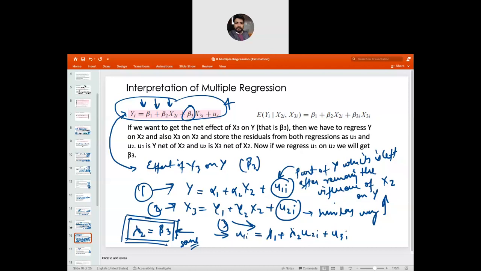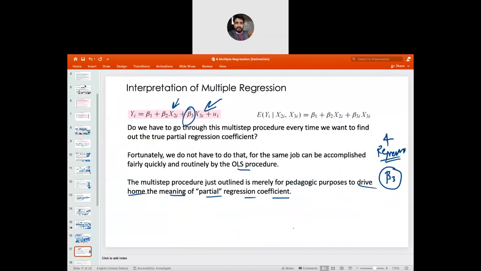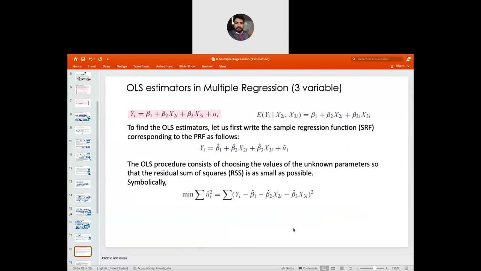So this makes us understand that beta 3 is actually a partial regression coefficient, right? It drives home the meaning of partial in this whole term, partial regression coefficient. So that's why it was done.